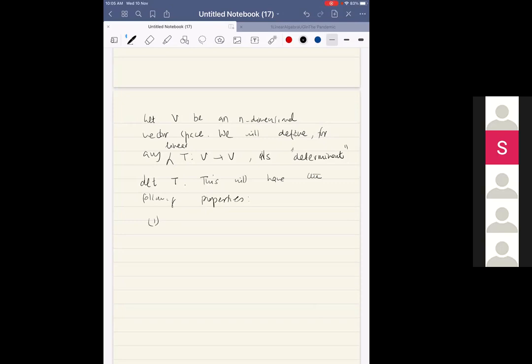One, det T is non-zero if and only if T is invertible, i.e. bijective.